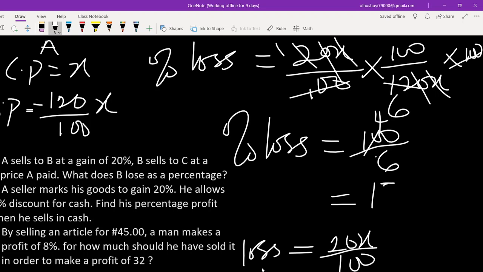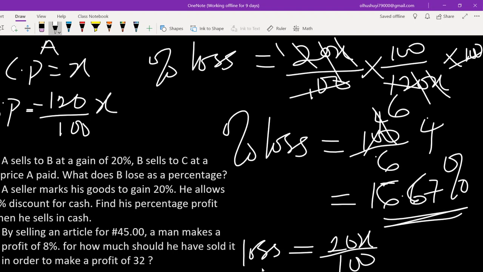In 40 you still have 6, then remainder 4 again. So you keep having something like that. So you can just have 0.67%. This is our answer to the question that we solved.